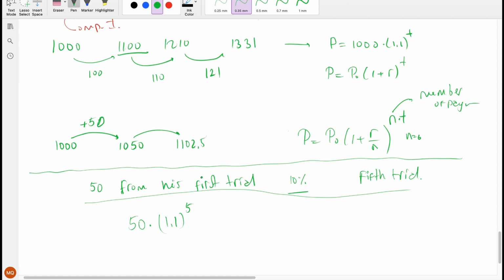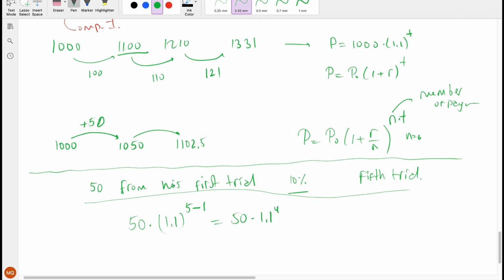Because we say first trial, it's not starting, it is not 50 actually. It is the value when you multiply it by 1.1. So you have to write here 5 minus 1. So it is the correct answer.